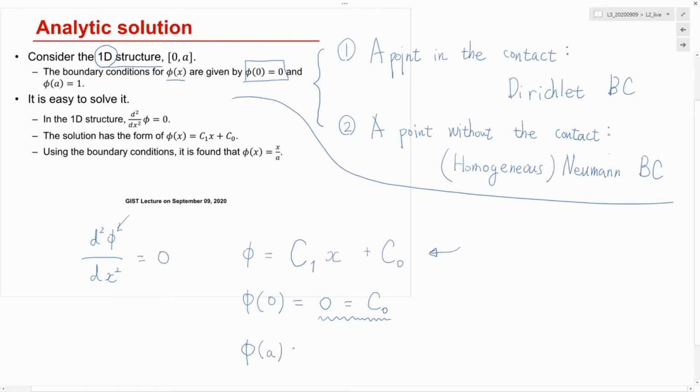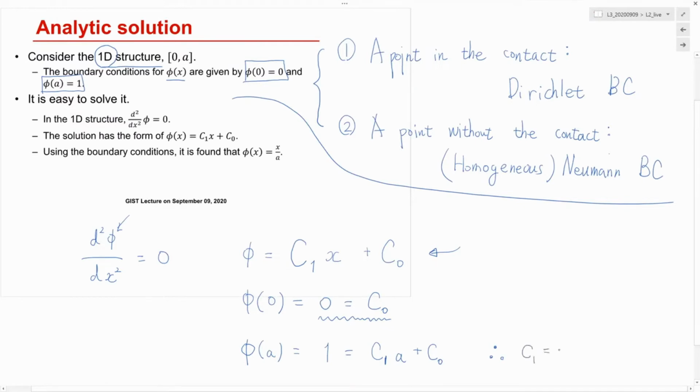Then let me consider phi at A. In this case, it should be 1 according to our boundary condition. Then it is 1, and in the test form, we will have C1A plus C0. Of course, C0 is 0 in this case.